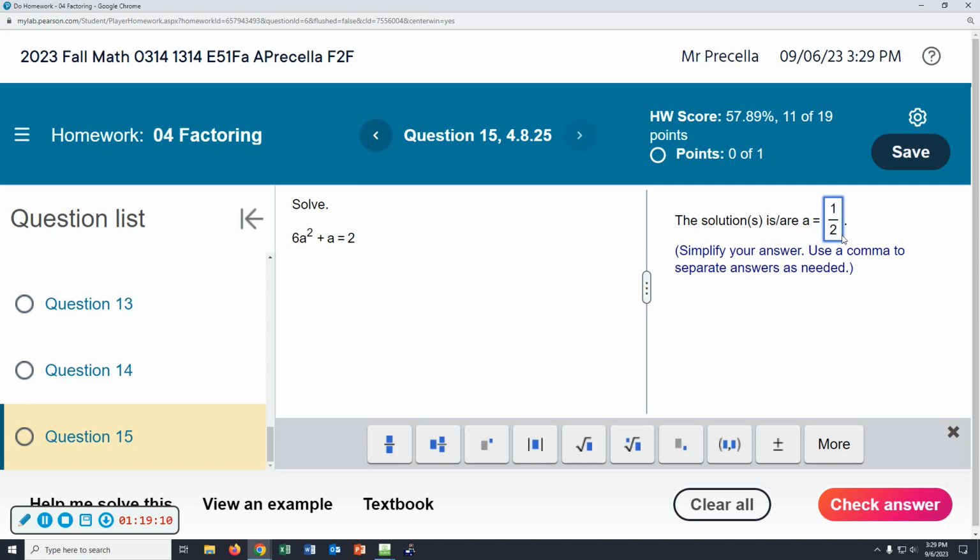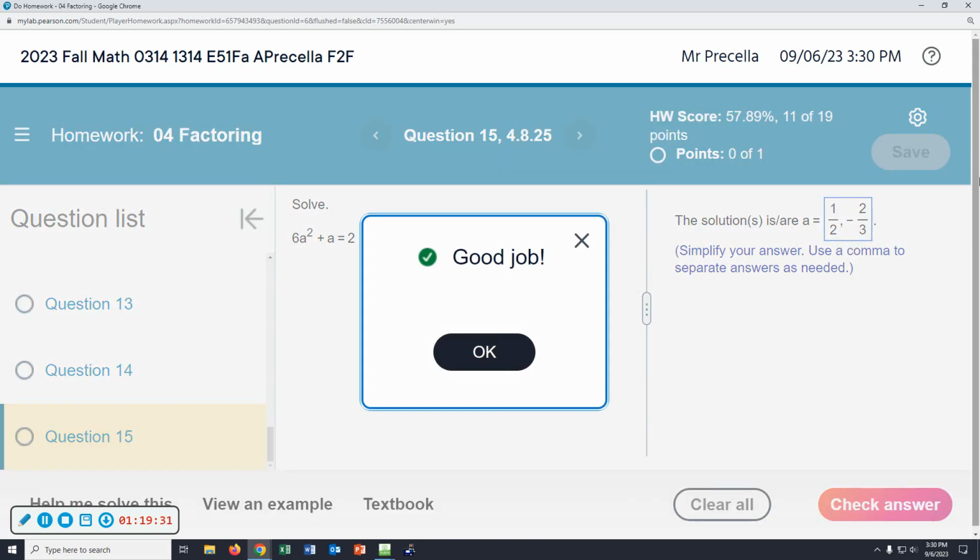Do the right arrow, click with your mouse, do whatever you need to do to get out from under that denominator, and then type your comma. And what was the other answer? Negative 2 over 3. But for some of them, even before interval notation, if you have the comma down in the bottom, it'll count it wrong. But there are a few problems where they take it.